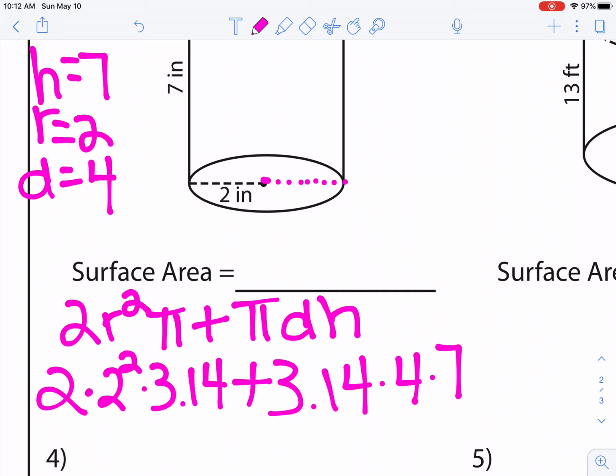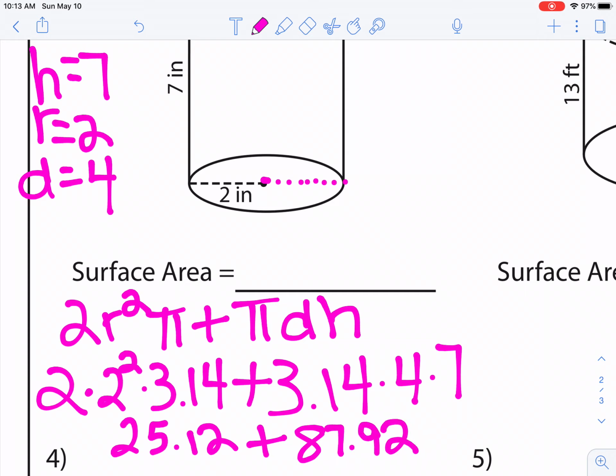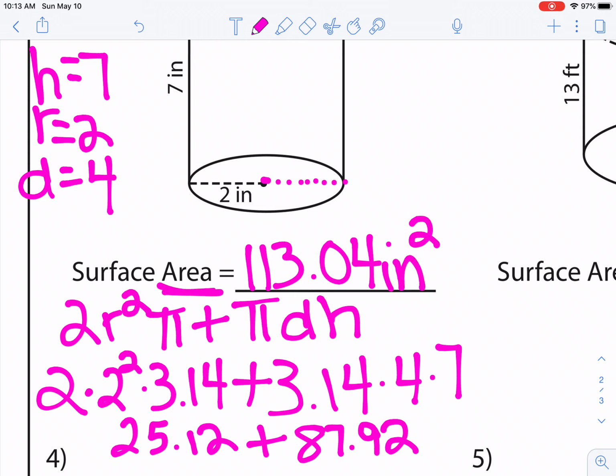So 2 times 2 squared times 3.14 gives me 25.12 plus 3.14 times 4 times 7 is 87.92. And when I add those together, I'm going to get 113.04. Our label's inches, and we're talking about area, so it's squared.